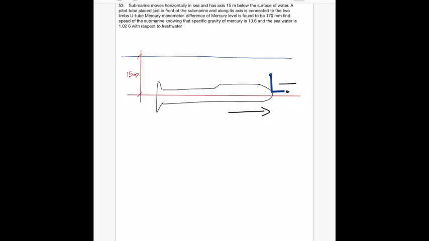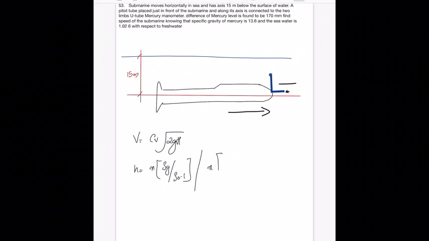Okay, so let us write the equation. Velocity is equal to CV root 2GH, and H is equal to X into Sg by S0 minus 1, or X into 1 minus S0 by Sg.